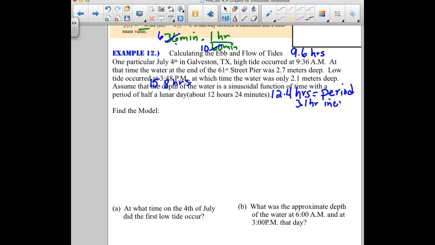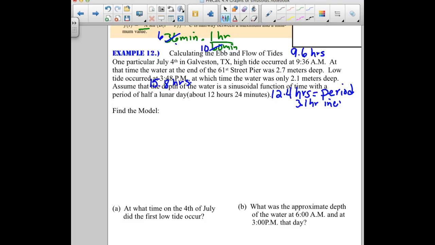Now, it's asking us to come up with a model, and then we're going to use that model to answer some other questions. So first of all, we need to figure out our A, B, H, and K. Let's start out figuring out A and K like we did on the last question. What is low in this case?